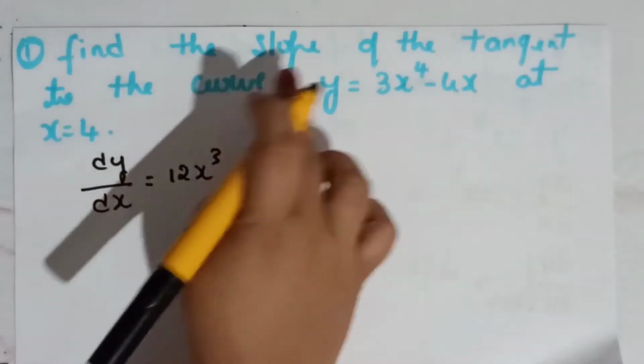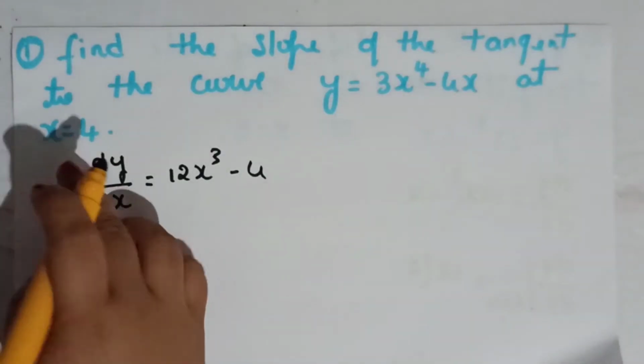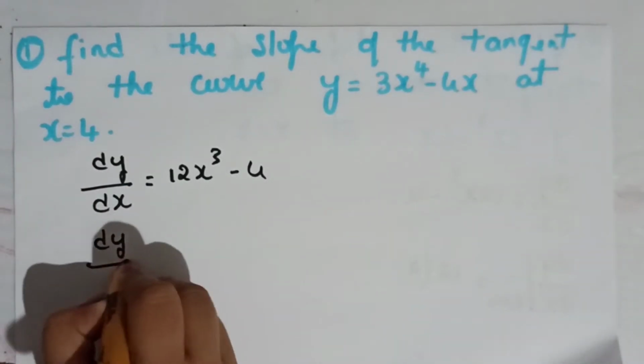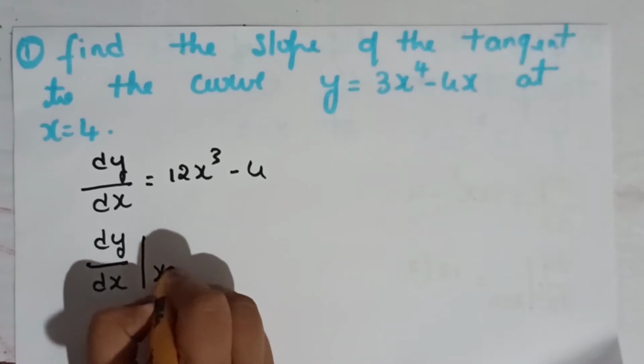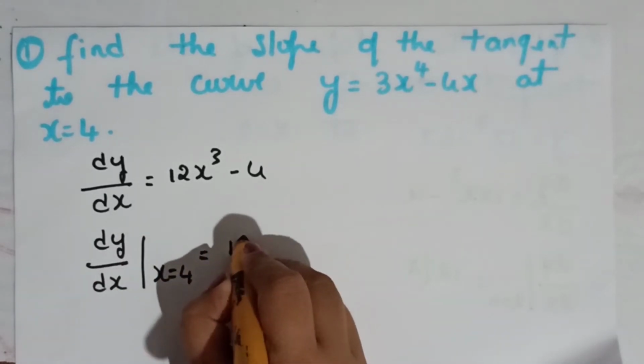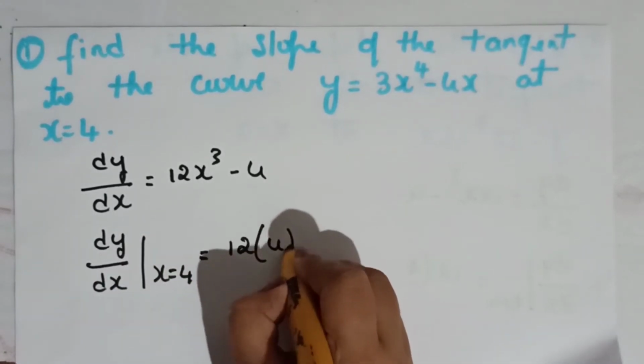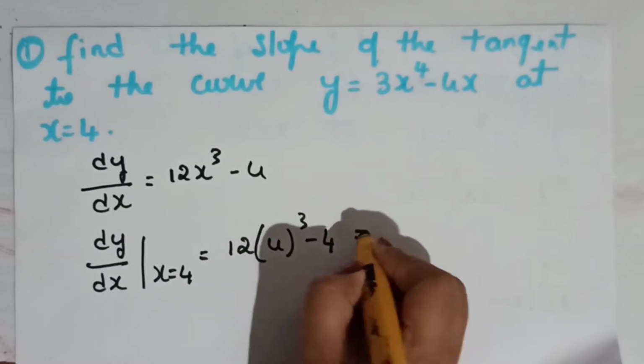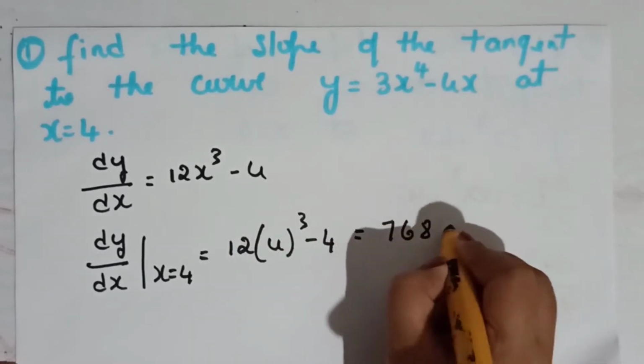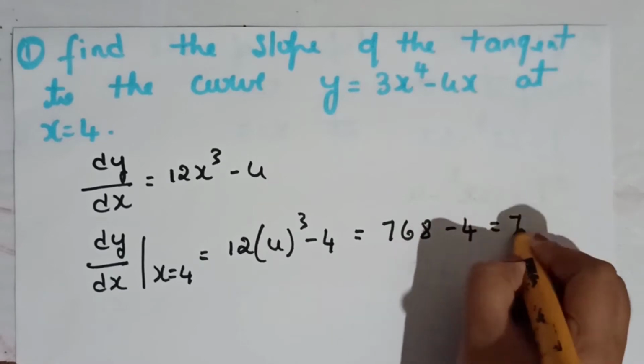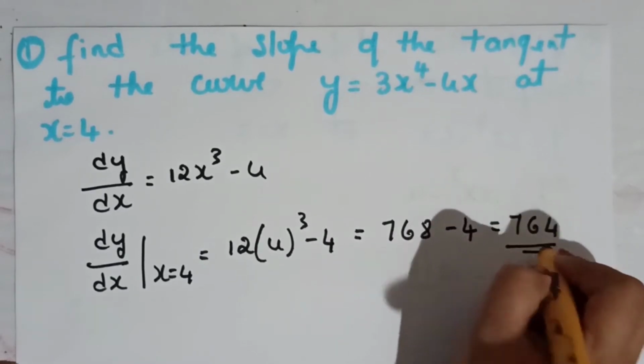We need to find the slope of the tangent at x is equal to 4. So dy by dx at x is equal to 4 is equal to 12 into 4 cube minus 4. This will be 768 minus 4 and that is equal to 764.